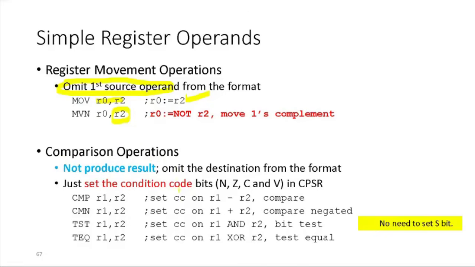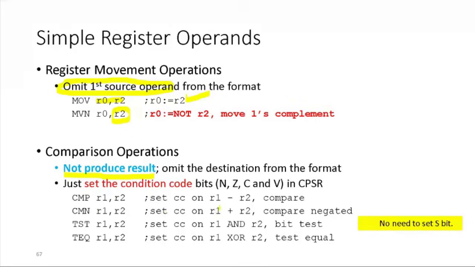Coming to the compare instructions, see this compare instruction compared to the subtract instruction. This compare instruction will not produce any result. This we know already. The subtract instruction will subtract the data and give the result of the subtraction. But these comparison instructions will not.